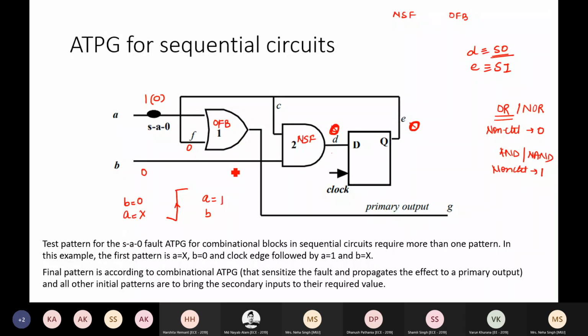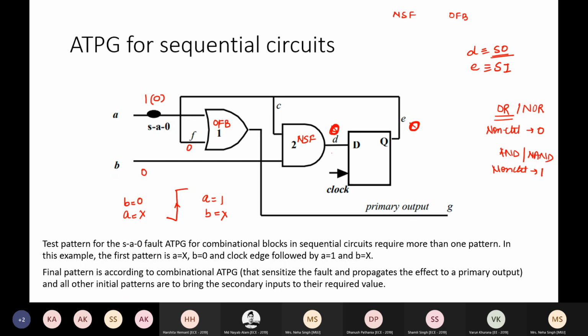B is simply a value which will be given to NSF and it will generate a D, but that D will not propagate until I have the next clock cycle. So whatever the value of B, that is not going to affect any of the inputs of OFB. It may simply give a new value to D, but that does not change anything. So I can put B equal to X now.